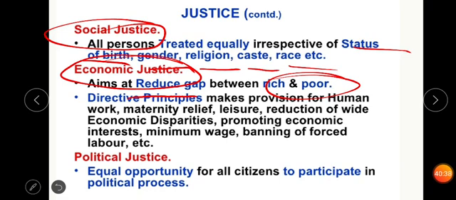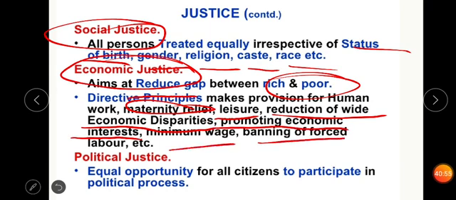So the directive principles make provisions for human work, maternity relief, leisure, reduction of wide economic disparities, promoting economic interest, minimum wages, and banning of forced labor.